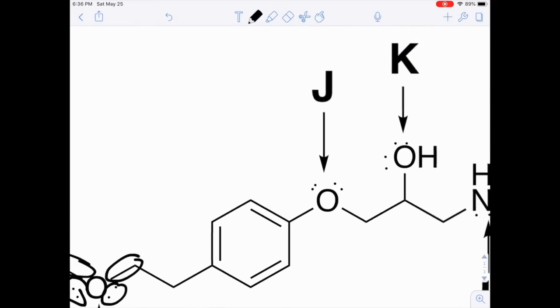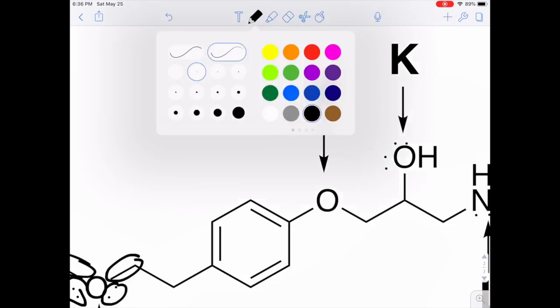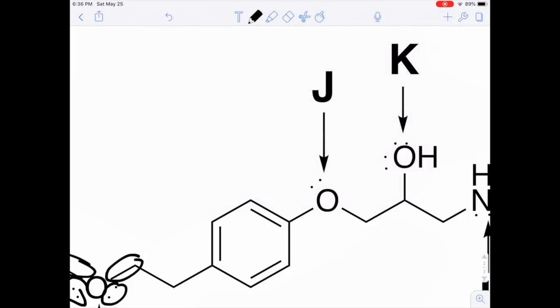Let's go to J. J has one lone pair, another lone pair, one bond, and one more bond. So that is an sp3 center. If you're saying, wait, it's not an sp3 center, you're right. Why isn't it? Well, there's something called resonance, which changes the hybridization pattern. We like to take the lower hybridization scheme because those tend to be the more stable configurations.